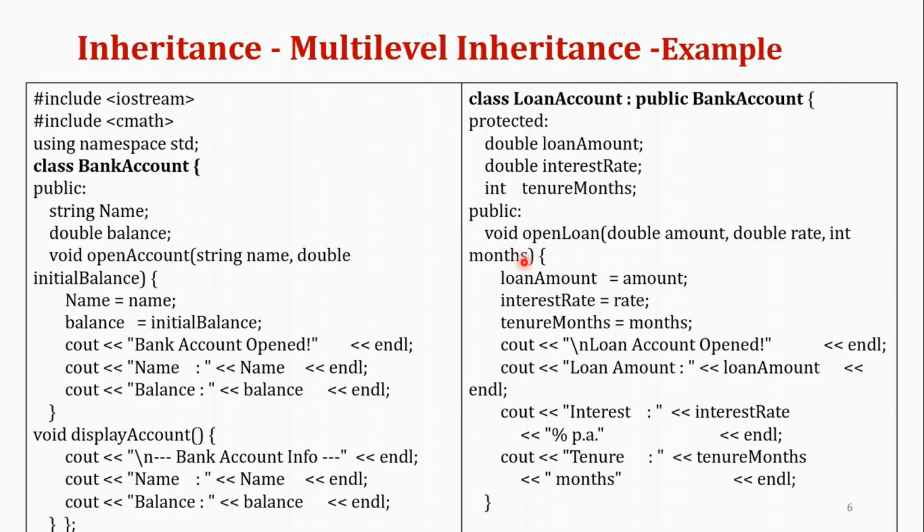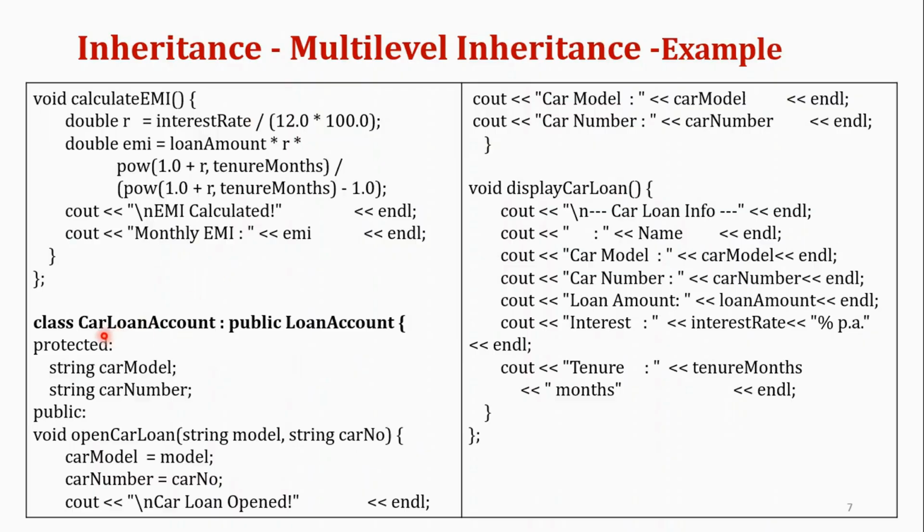So together, four member functions and three member data are inherited to the public part of the car loan account through this next level of inheritance. The car loan account has its own member functions, open car loan and display car loan, two member functions, and then the end of the class.